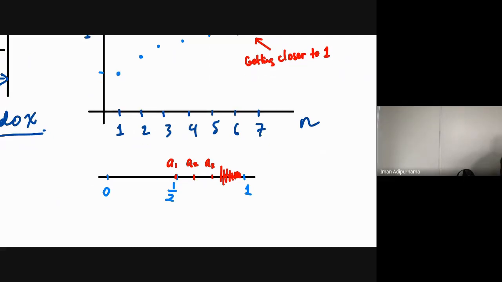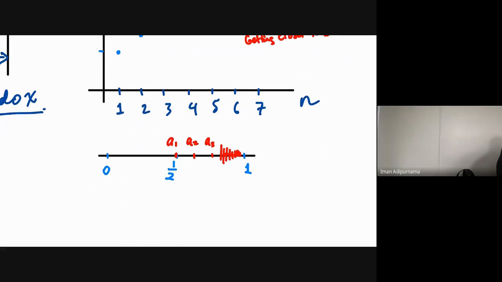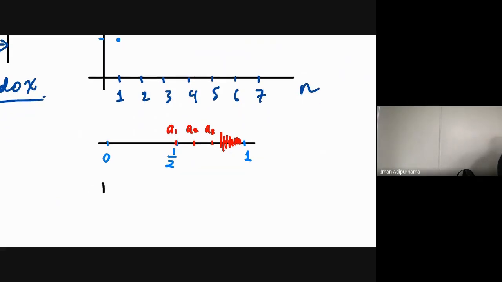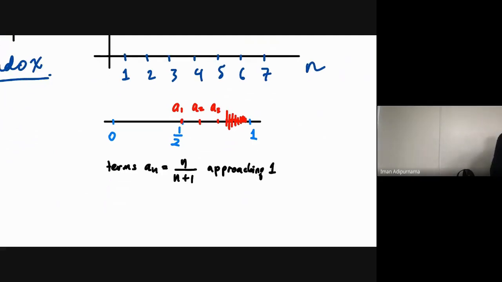Let me write the terms a_n equals n over n plus 1 approaching 1 as n becomes large.